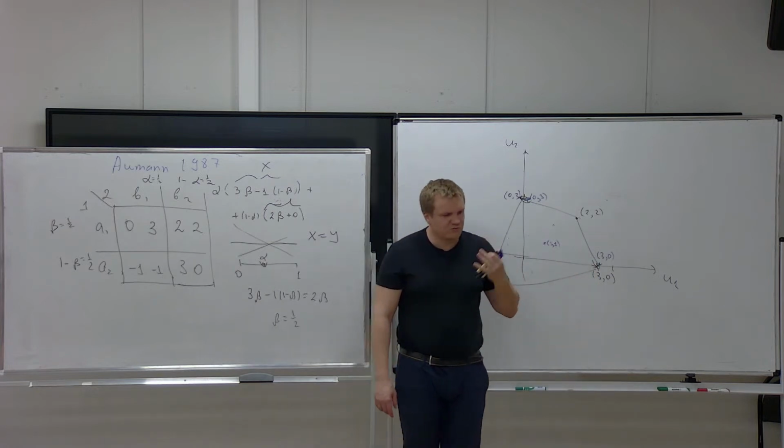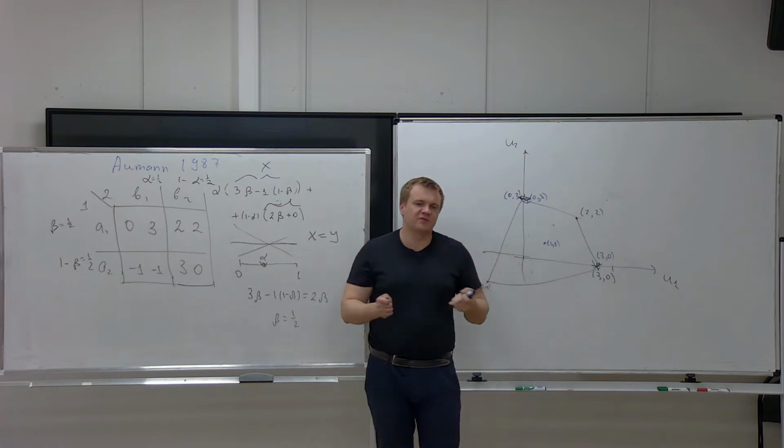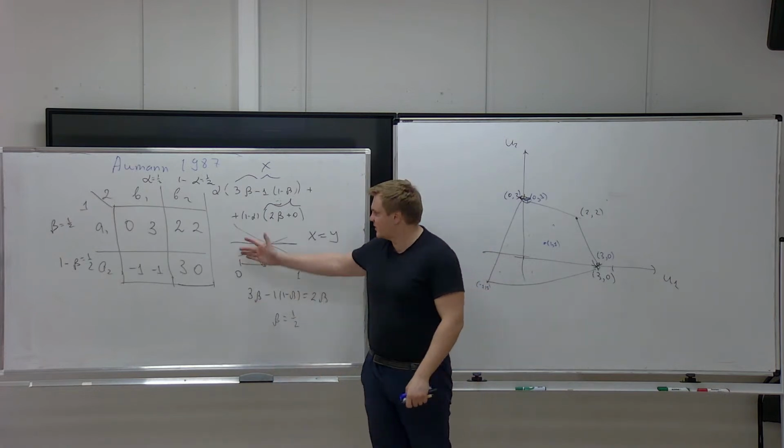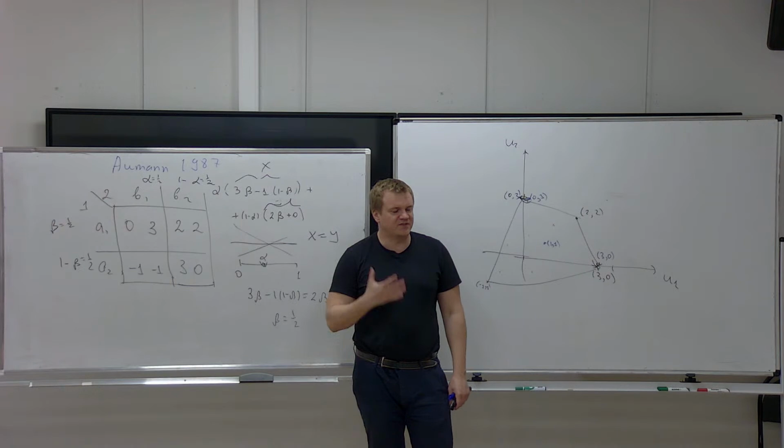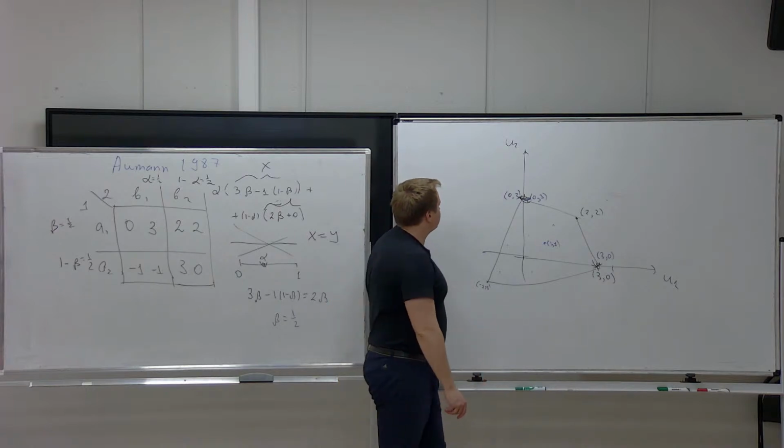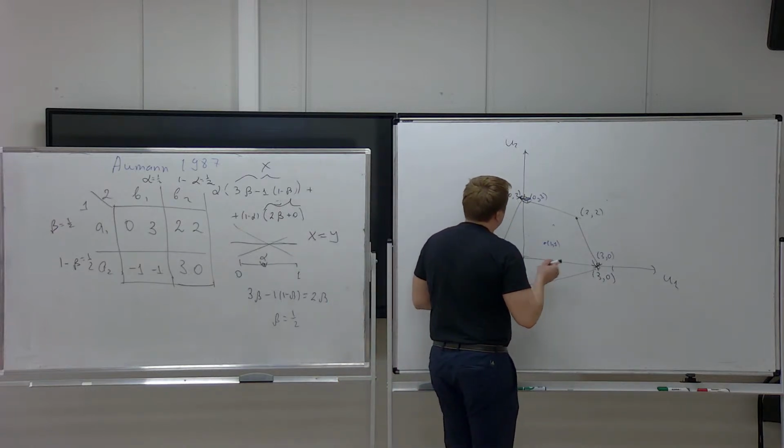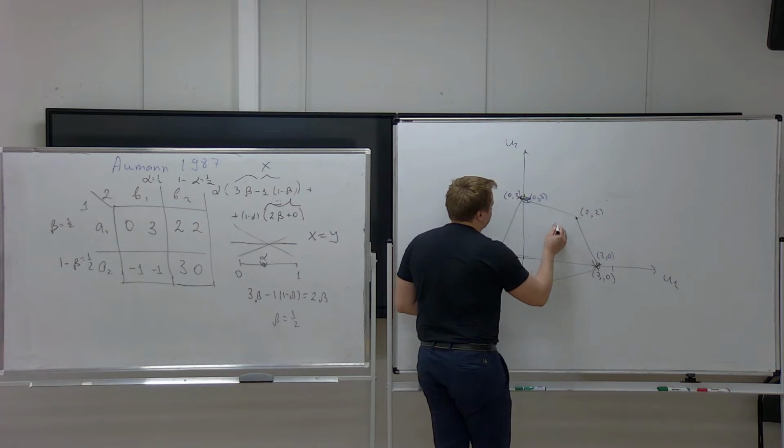So now, can I do more? Like if I'm a person who tries to organize the play of this game, understanding that these players always want to maximize their payoffs. So can I get, for example, the payoff 1.5, 1.5?